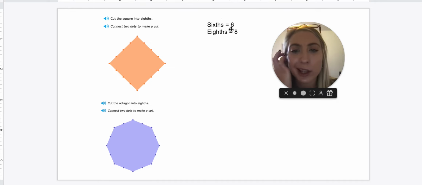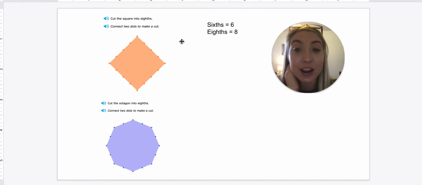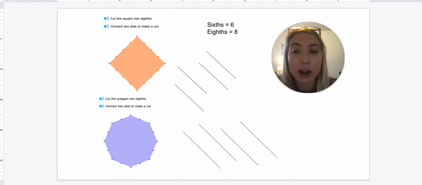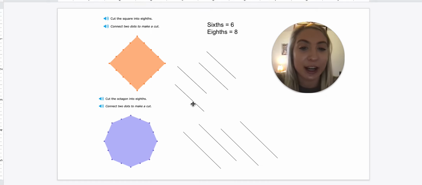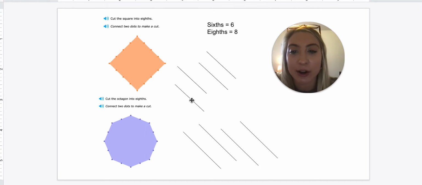So now we're going to talk about cutting this square into 8ths, which means we have to connect the dots to cut this square into 8 equal parts. Okay, so for you will be connecting the lines, but I just made the lines over here so that I can just drag them. So it won't take as long. So I'm cutting this into 8ths.